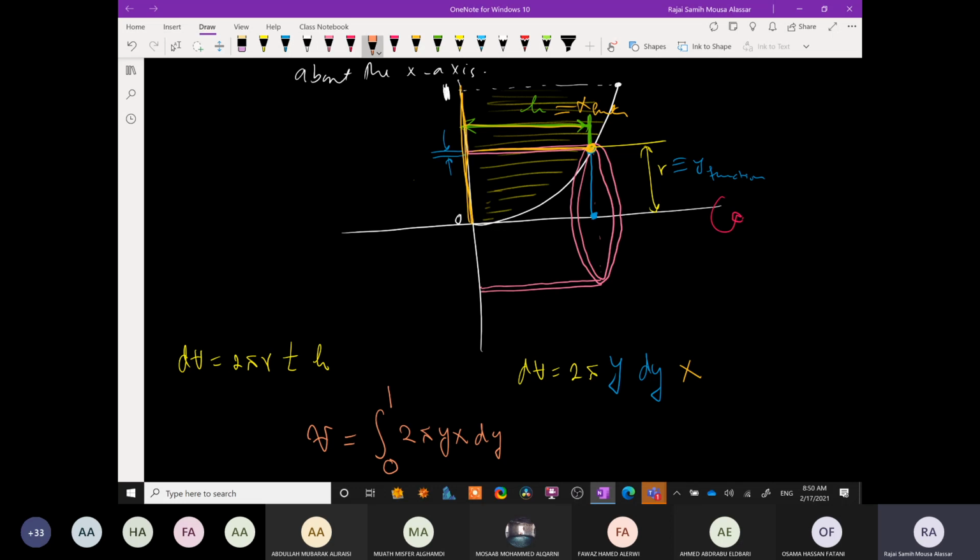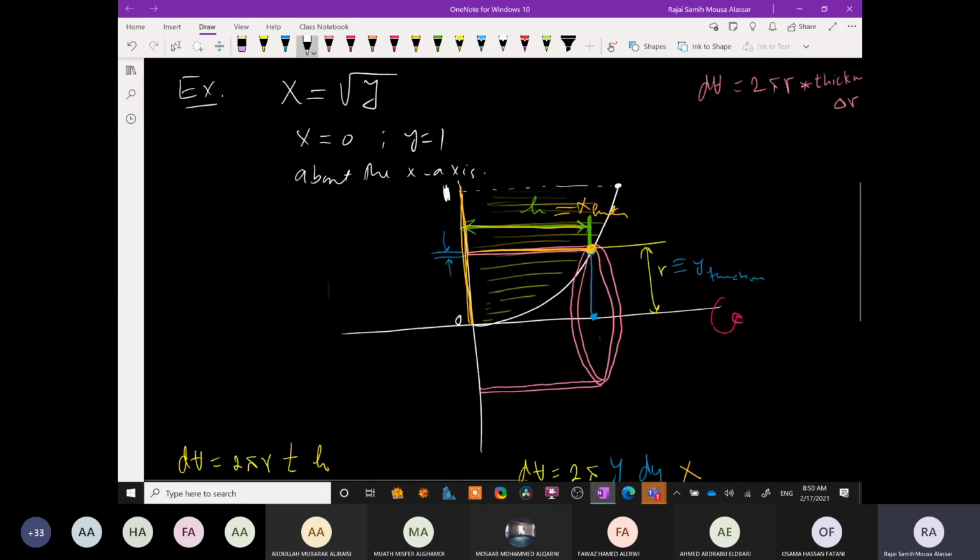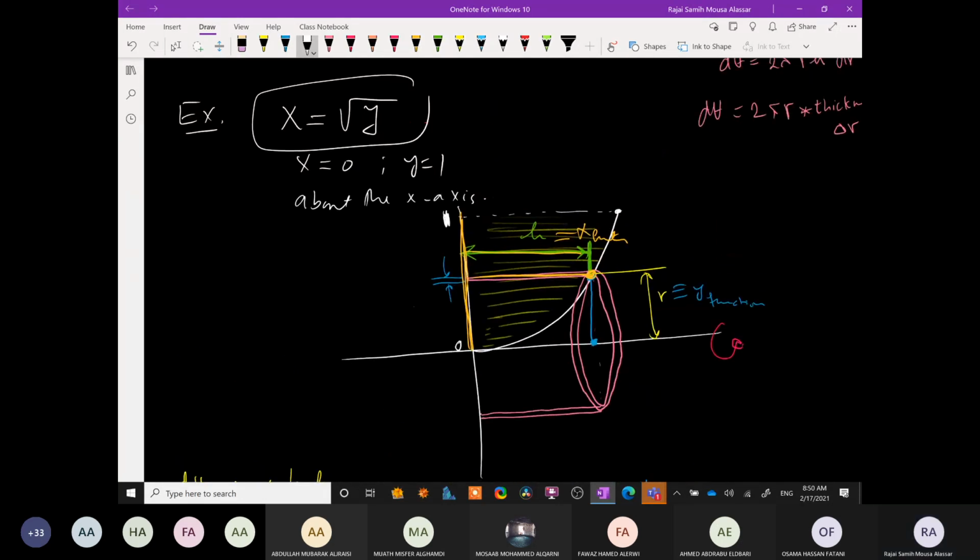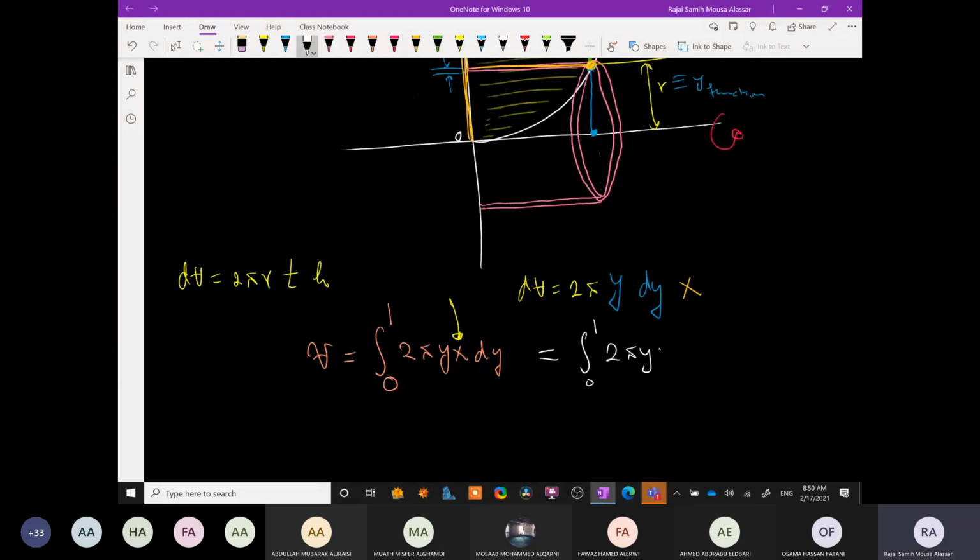We're done, except for one thing, this x here. We integrated with respect to y, so that must disappear. How does it disappear? Because this is x of the function, yes? Then this must be equal to the integral from 0 to 1 of 2 pi y times x of the function, which is the square root of y.